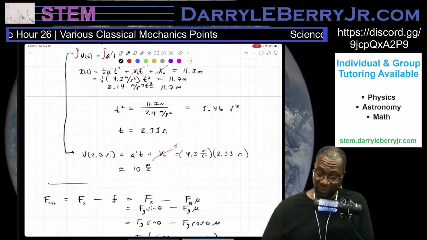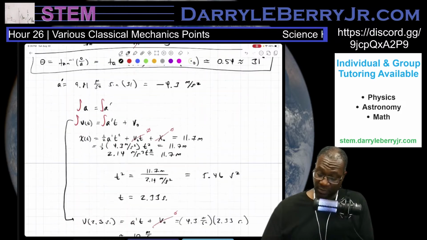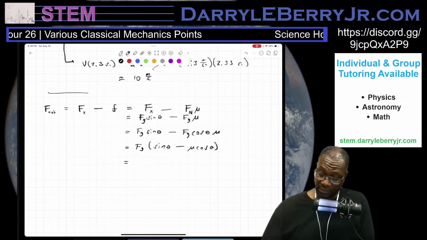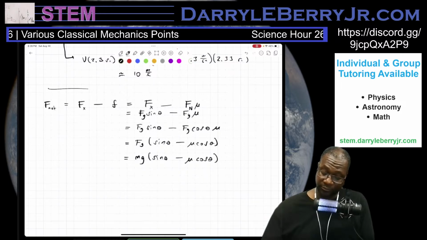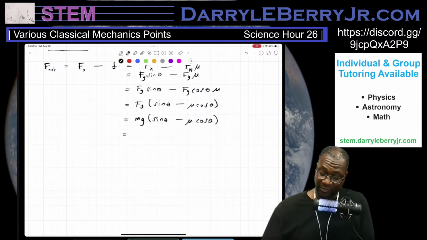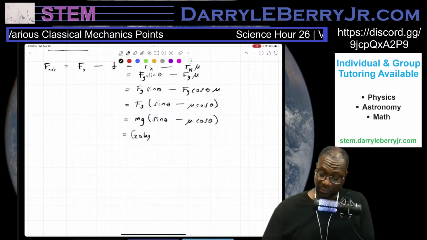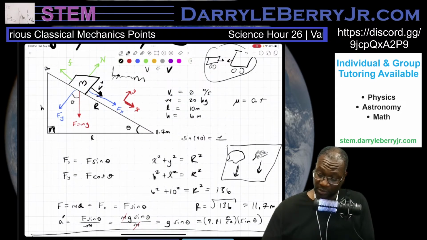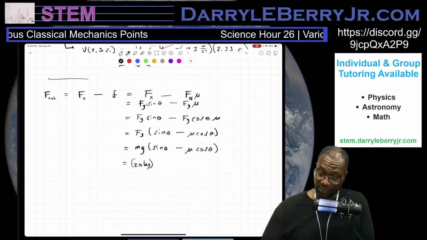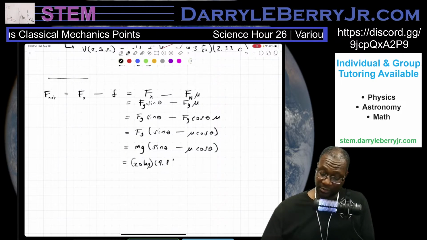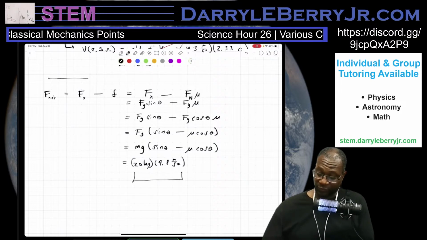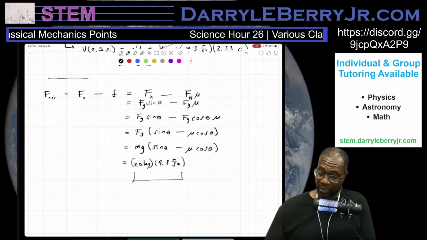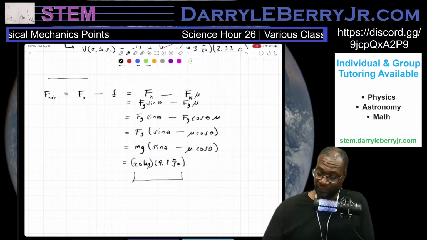Let's plug this in. One more step: sine theta minus mu cosine theta. So we have the mass was 20 kilograms, gravity 9.8 meters per second squared. And automatically we see that this gives us the units of newtons. Newtons are kilograms meters per second squared; that's the units of force.